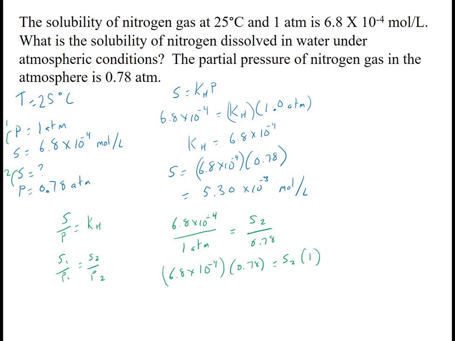So I need to divide both sides by 1, so 6.8 times 10 to the minus 4th times 0.78 divided by 1 is equal to S2. And so S2 is still going to be equal to that 5.30 times 10 to the minus 3 moles per liter. So there's two different ways of doing this problem. You can choose which way you want to do. It does not matter. And that's the end of this video.